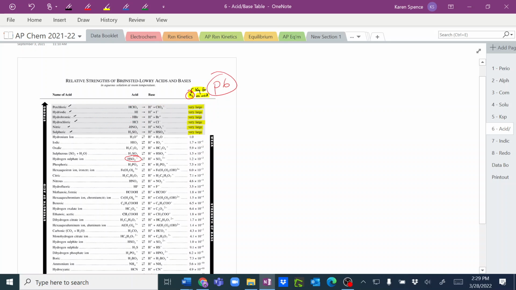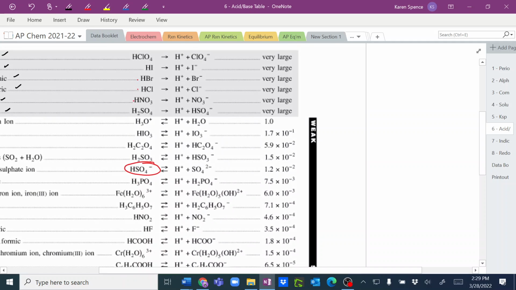This is not a hard question. Yes, it can. It's right there in the middle-ish section of the weak acids. Can HSO4 act as a base? And the answer to that one is no.